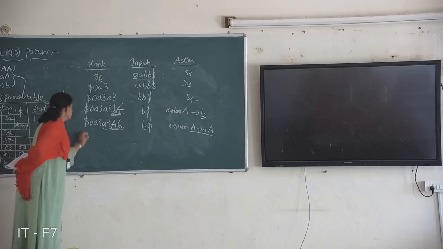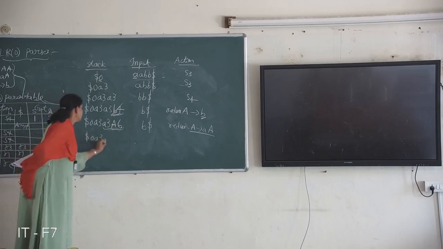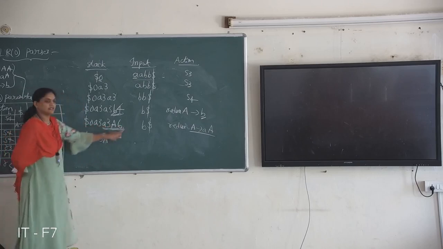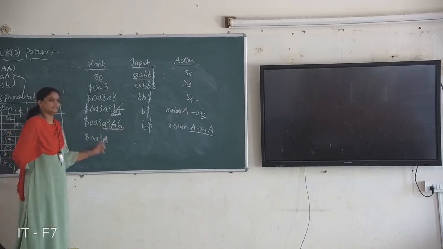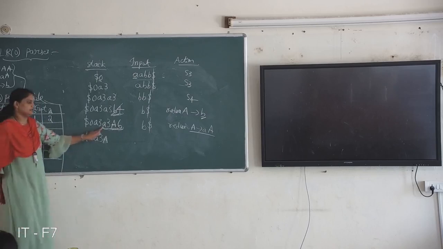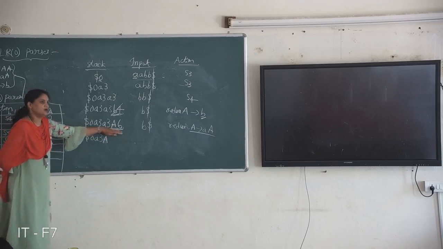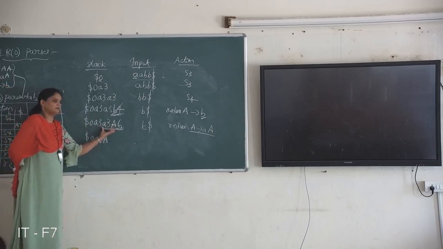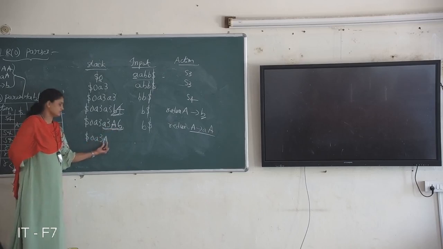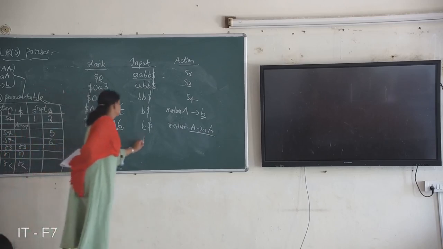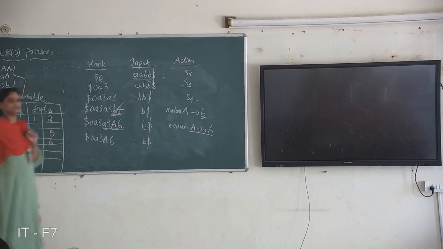So you can write 0 A 3 A capital A. These 4 characters are replaced by A. That is, AA is reduced to A. Wherever those particular production symbols are on top, instead of the 4 characters you write A. Okay, again 3 on A, 6. 3 on A, 6.